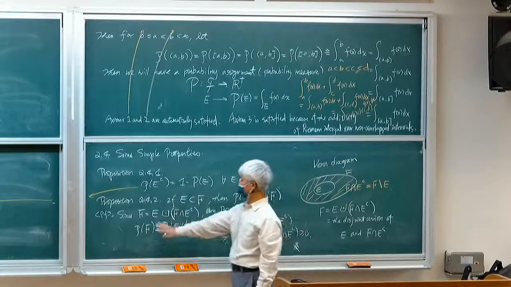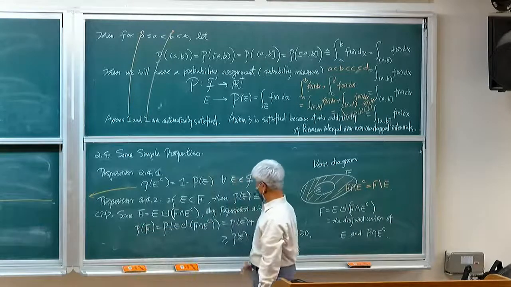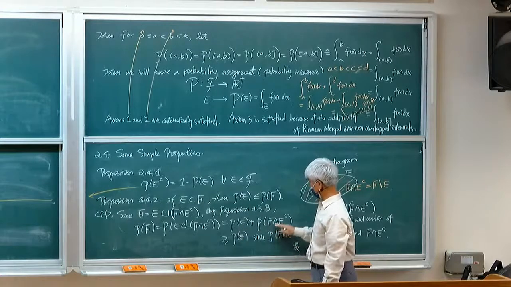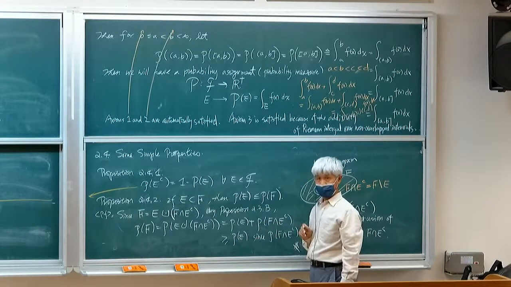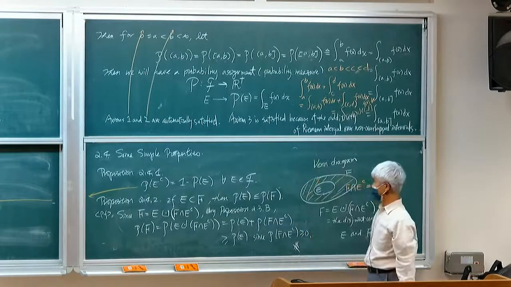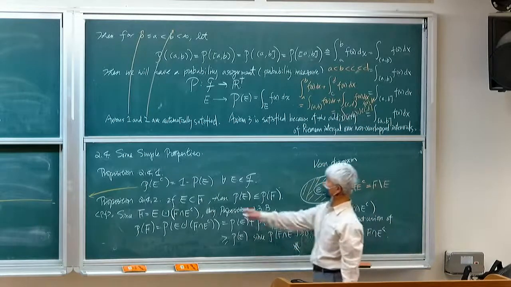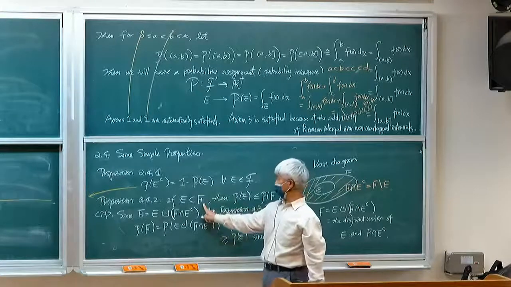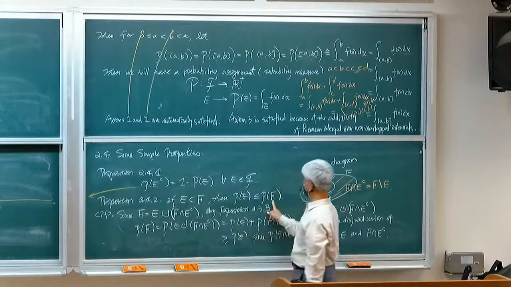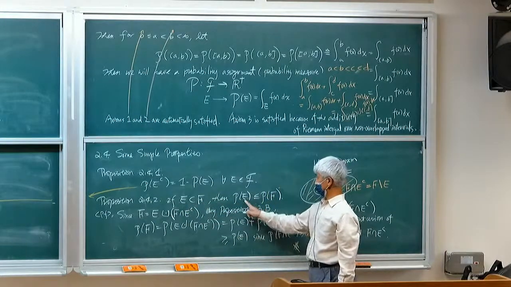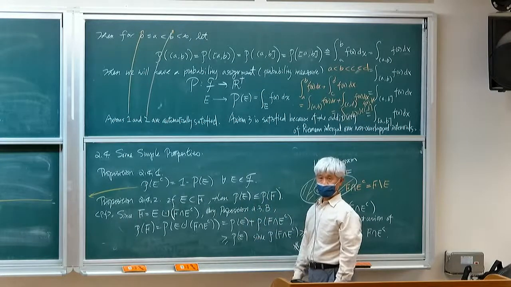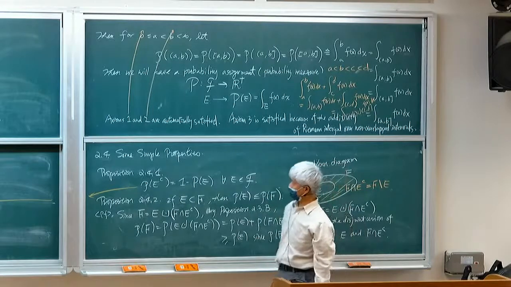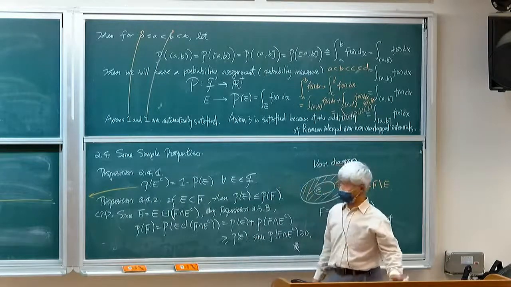So if F is a bigger event than E, then the probability of F is bigger than or equal to the probability of event E. That is proposition 2.4.2.